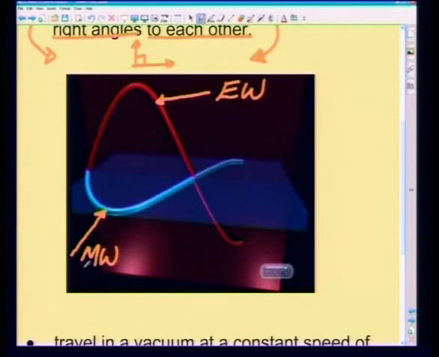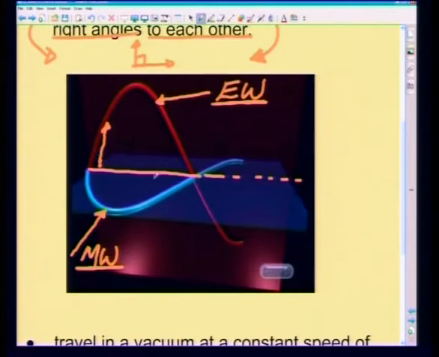So this wave here is due to the magnetic field, and that wave there is due to the electric field. Now, if I draw a line here that could be continuous in that way, you would see that this blue one is sort of protruding out of the screen as you look at it, and the red one is vertically moving upward, whilst this one is protruding towards me from the screen.